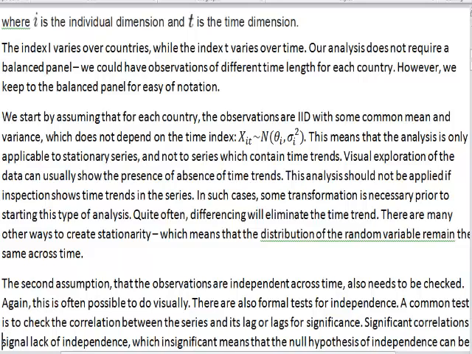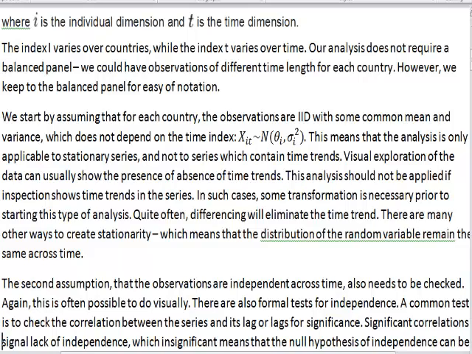So for example, one way to take differences is to take log GNP minus log GNP lagged by one period, which is the log of the ratios. So that's a logarithm of a growth rate basically. So the variable that we are analyzing is the rate of growth of GNP. So you should always, when you make a transformation, have an understanding of what that transformation is doing.